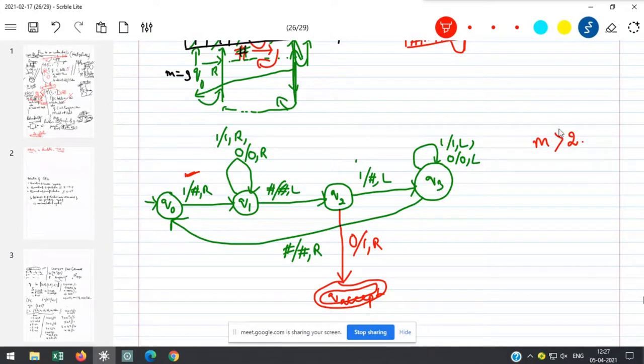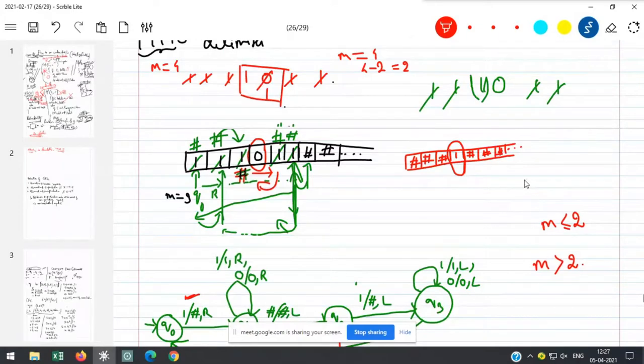So next, I'm going to add a few states with transitions for the m less than or equal to 2 cases. Suppose m is equal to 0, then delimiter 0 will be there, then 1, then hash. Okay.